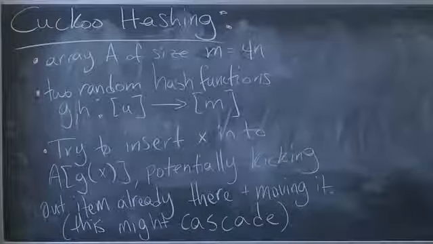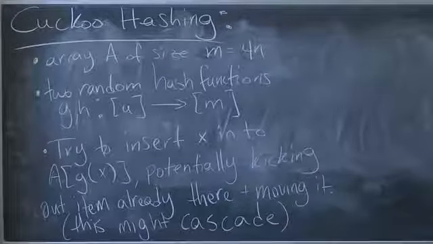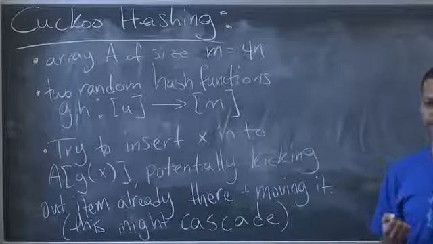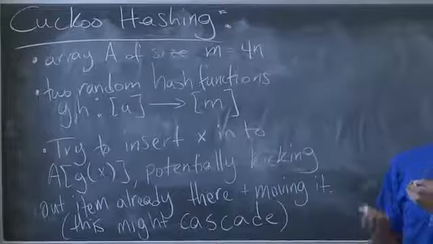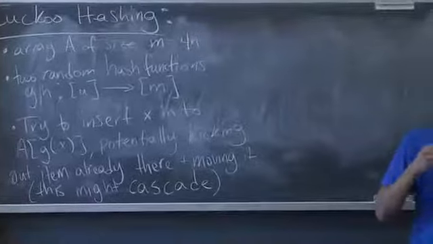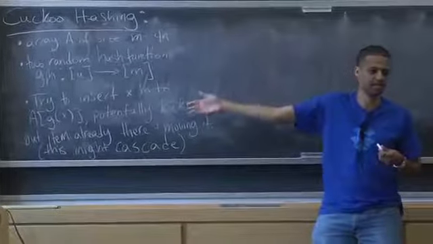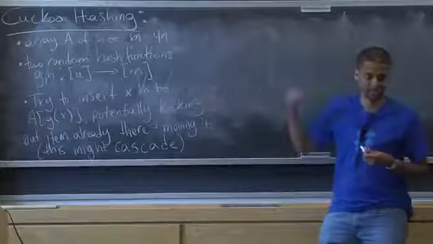If it's not free, we still put it there. But then we kick out whoever was there and move them to their other hash location. So if they were there because of g, we'll kick them out and put them in their h location. If they were there because of h, we'll kick them out and put them in their g location. And then when we put them in their new location, this might continue, because that might also be non-empty.